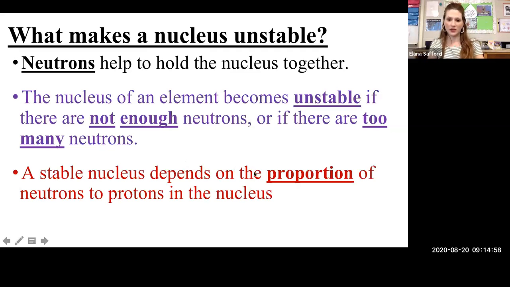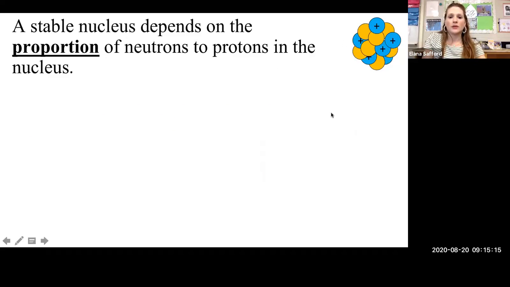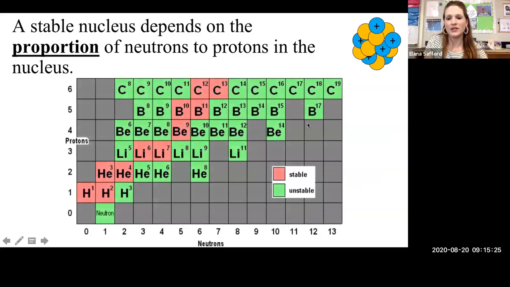Okay, a stable nucleus is dependent upon the proportion of neutrons to protons in the nucleus. It has to be Goldilocks and the Three Bears, just right. Okay, it needs to be just the right amount of weight. Not too big, not too small. So, once again, the stable nucleus is dependent on that just right proportion. This chart is kind of funny because it shows that the stable ones are red, and traditionally we think of red as being like stop, no, bad, but it's a little reversed here.